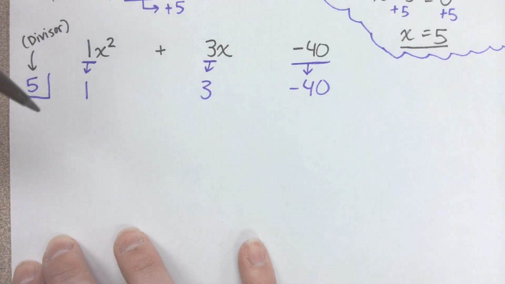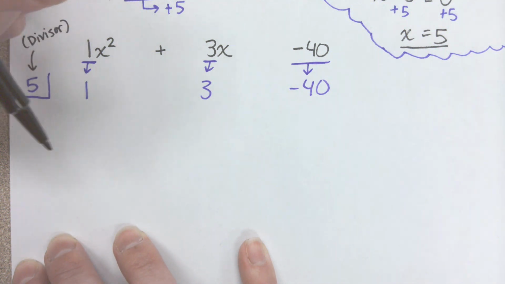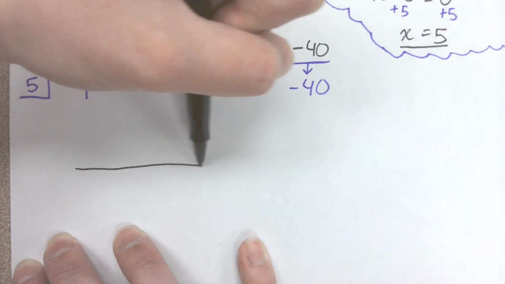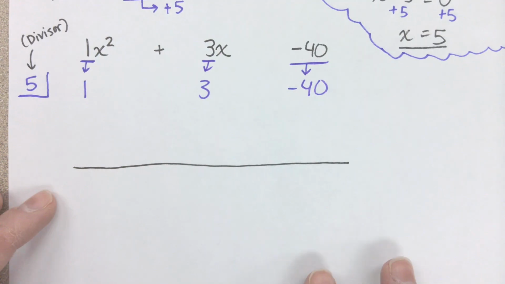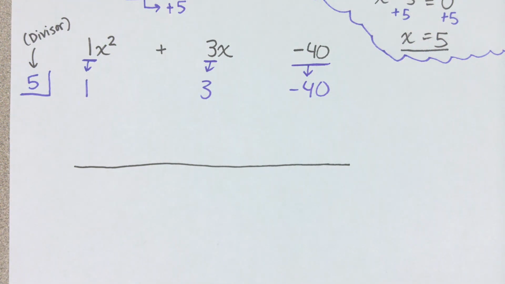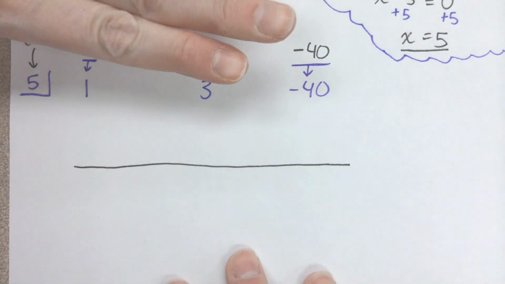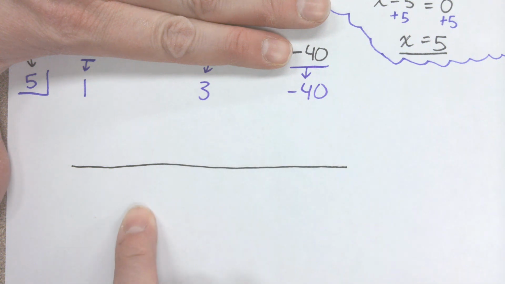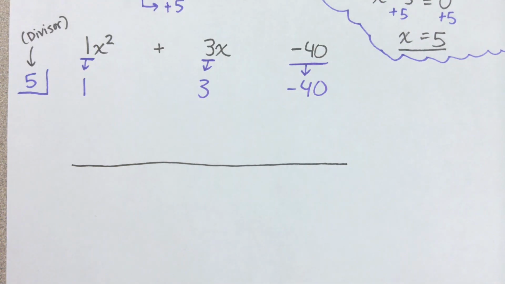Last thing you need to start the problem, you're going to draw a black line. This is your workspace. And now we're going to do the problem. So this essentially is the synthetic division problem right here, is just the numbers.